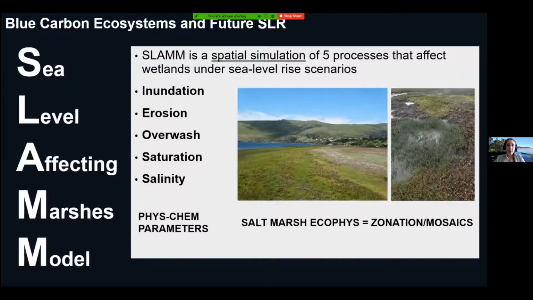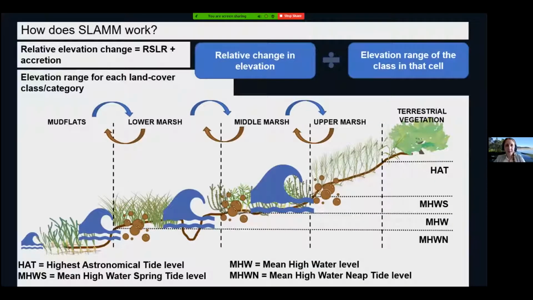So how does SLAM work? Very basically and briefly, if you remember, the first diagram was that as sea level rises, so your salt marsh wants to be in an area that is more suitable or preferable. And so what SLAM does is it incorporates this and also a feedback mechanism.